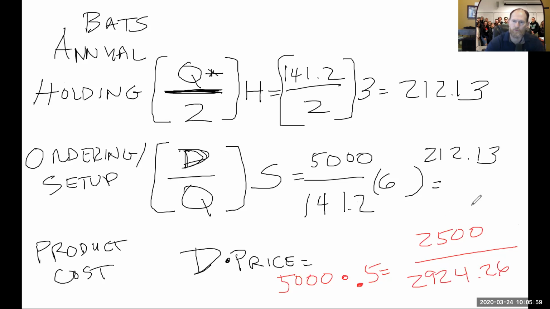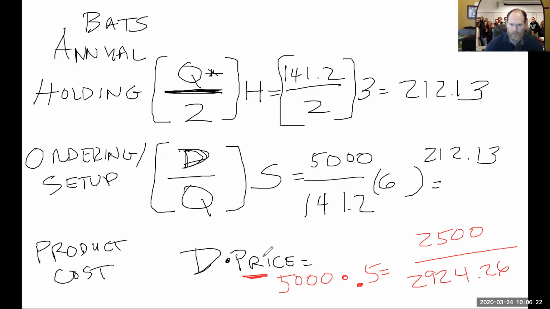Now, a couple things here real quick. This, of course, is not going to equal these. That's completely a horse of a different color. You just got to remember what price is. So you want to focus on that and make sure that's clicking with you. If it's not, what price is, that's the price that we're paying from our supplier.